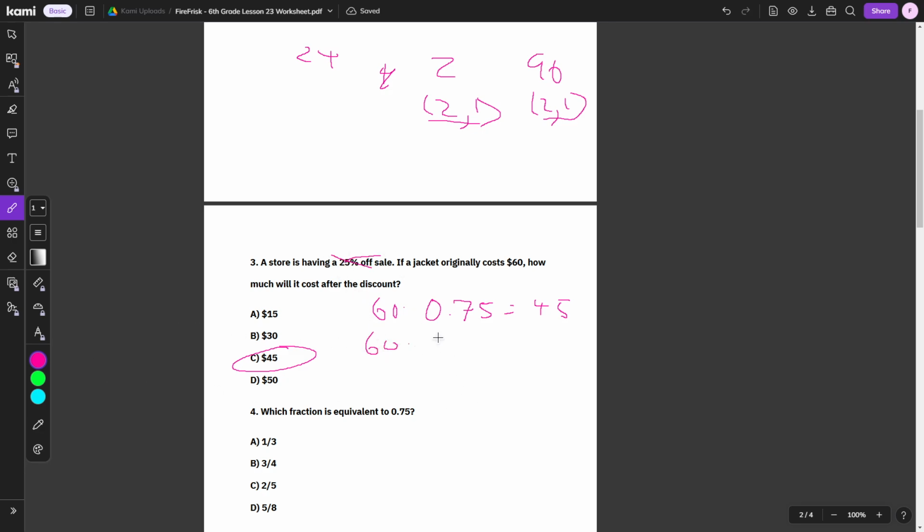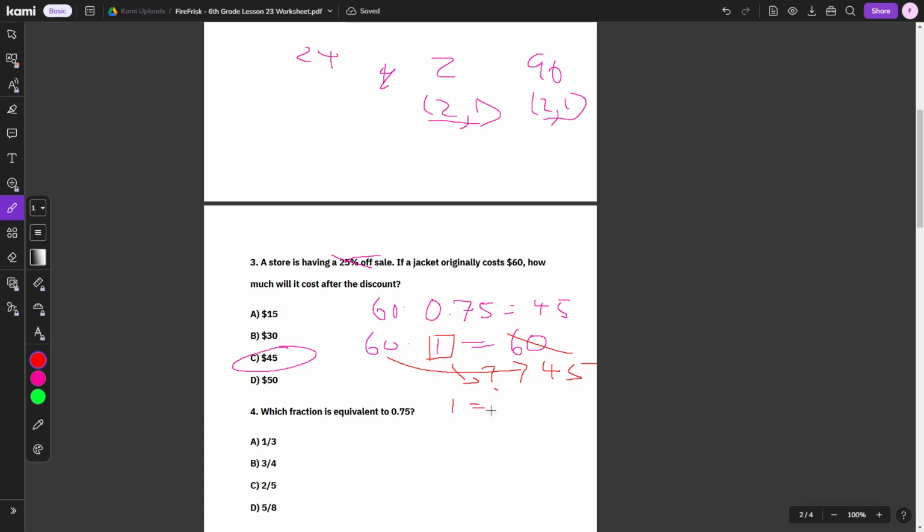Without the sale, I'd just multiply it by 1, right? Because 60 is 60. If it says 60 on the price tag, you buy it for $60. That's how it works. However, the jacket is currently 25% off. So now this 1 becomes something new because 60 shouldn't equal 60 anymore. 60 should equal 45.